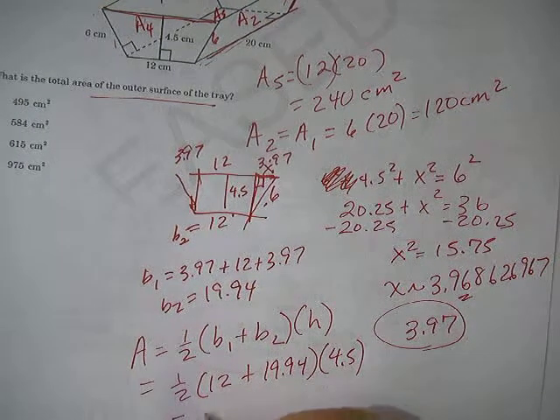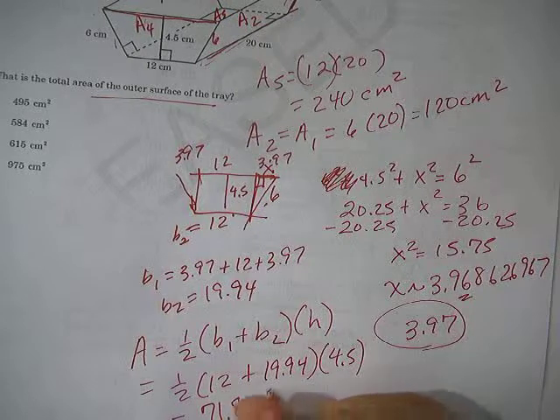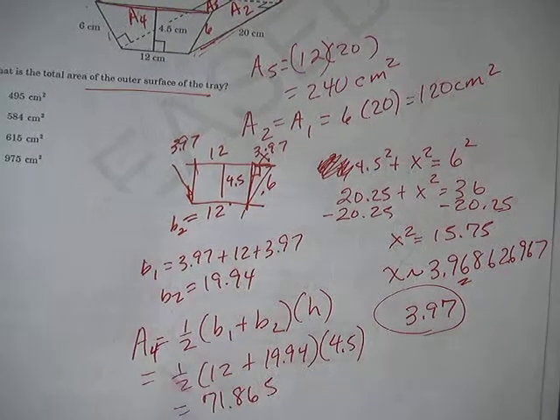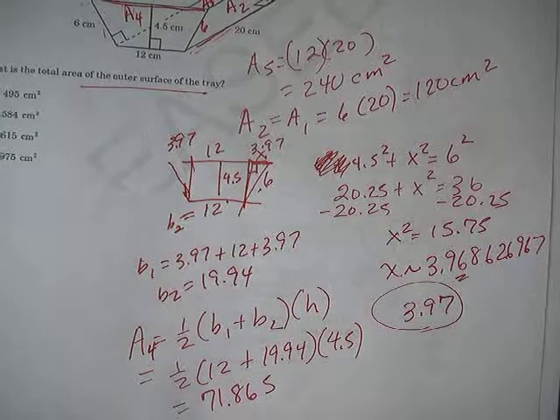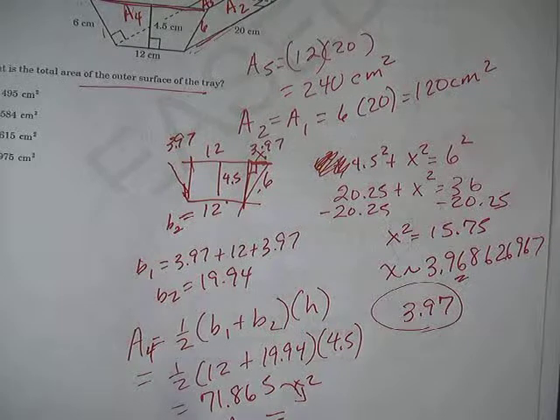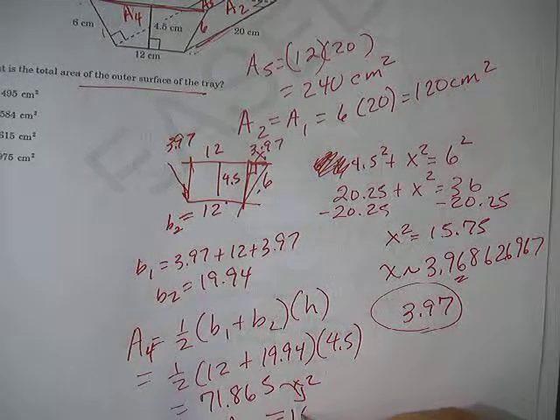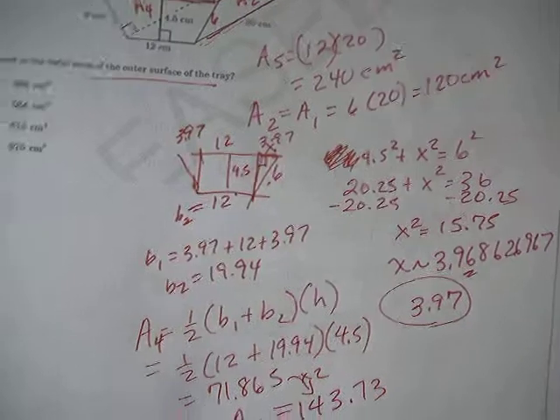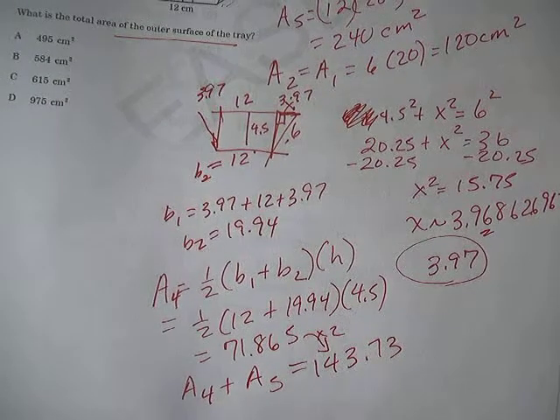And I'm getting 71.865, and then I've got 2 of these. This is A4. So A3 plus A4 is 2 of those, 143.73. All right. And so I have A3 plus A4 is 143.73.